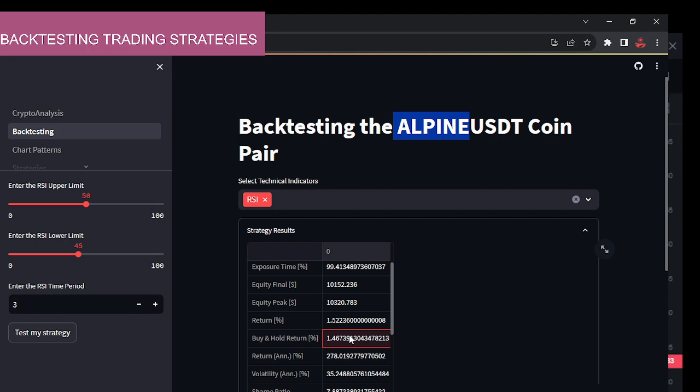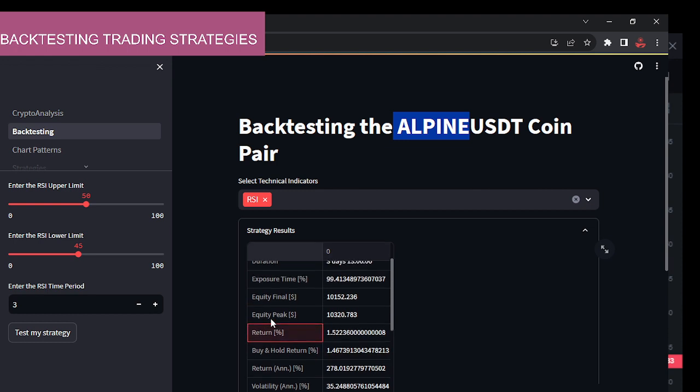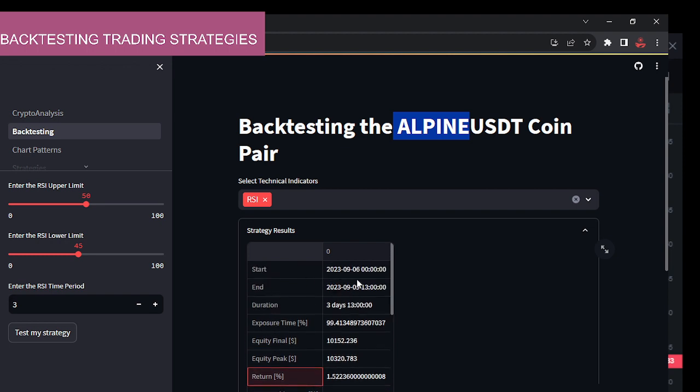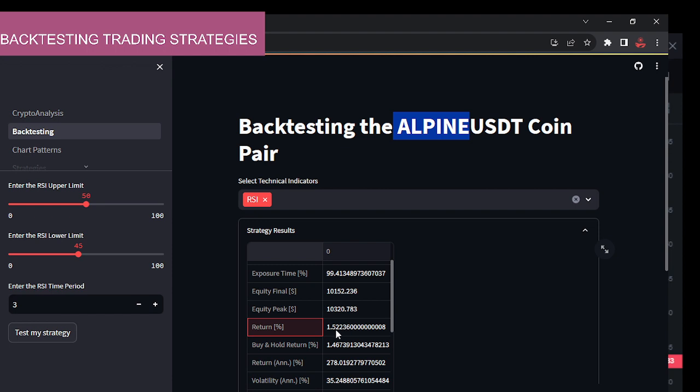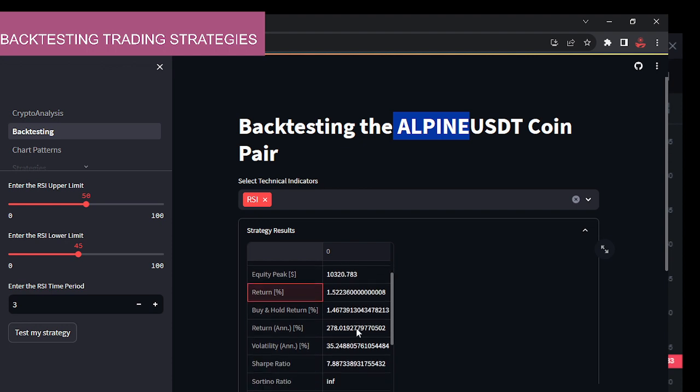And for this particular trading strategy, it's actually better, because you can see with this particular return, it's telling you that for the person who bought it on the 6th of September and sold it on the 9th of September, you're actually performing better than that person because you have a strategy which is higher than the buy and hold return.